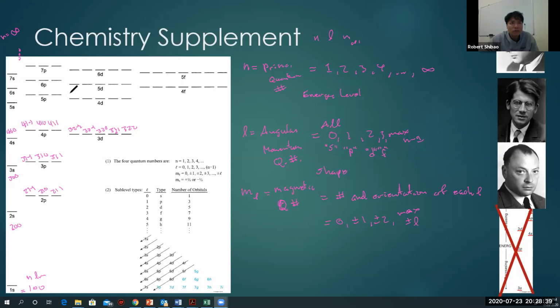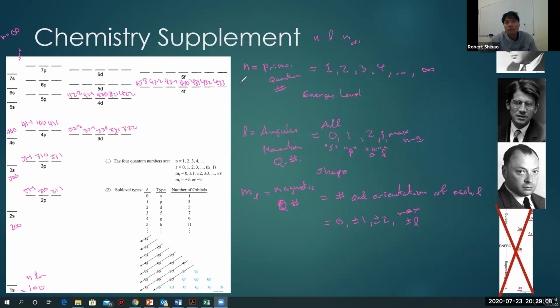We also have 4, 2, negative 2 through 4, 2, 2, and 4, 3, negative 3 through 4, 3, 3.